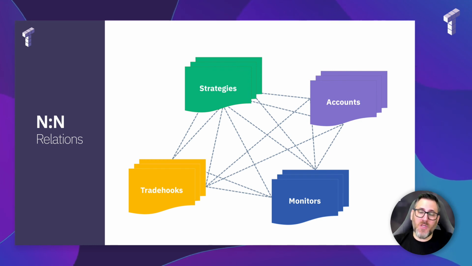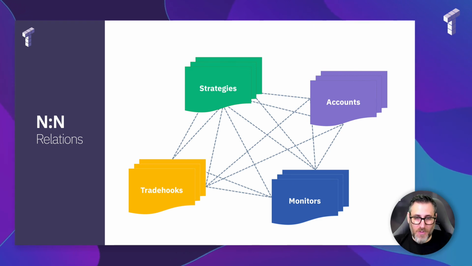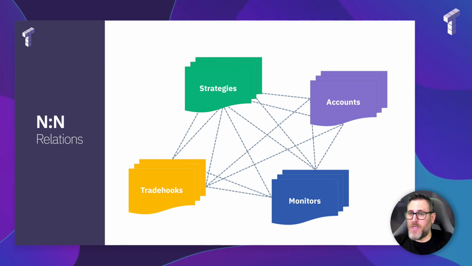The same goes with monitors. You can have strategies issue and create multiple monitors that monitor positions and pricing on multiple accounts and multiple instruments. Another thing is that a monitor, when it triggers, when a price goes above a certain threshold or a position goes above or below a certain threshold, it can notify not only one strategy, but as many strategies as you want.